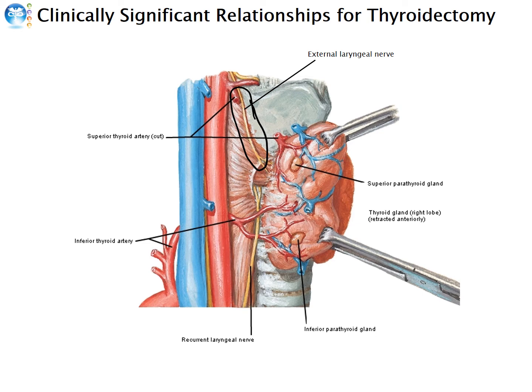Similarly, there is a very close relationship between the recurrent laryngeal nerve and the inferior thyroid artery, which crosses over top of it, or even behind it, as you see here. Again, during division of the inferior thyroid artery for a thyroidectomy, the recurrent laryngeal nerves must be spared. Surgeons always take great care to identify, isolate, and preserve these nerves before they divide these vessels.